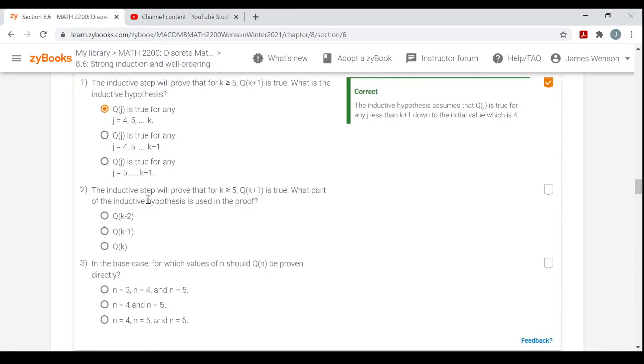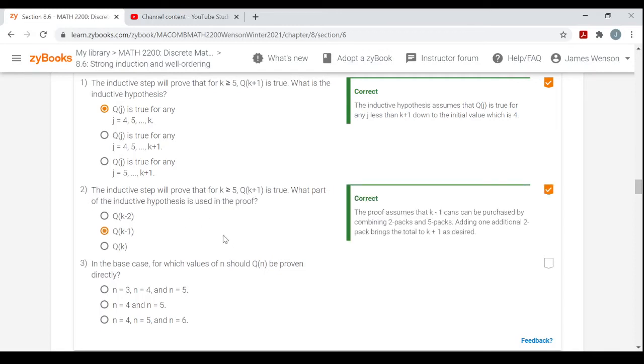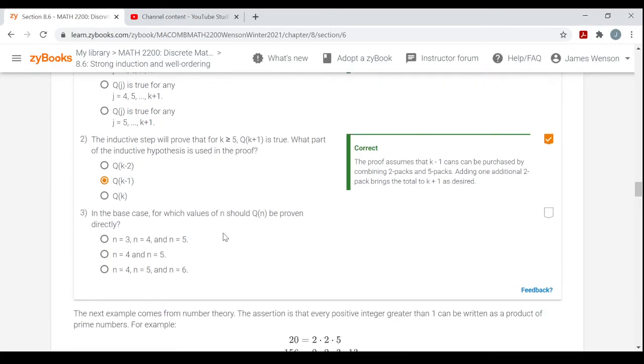What part of the inductive hypothesis is used in the proof? Again, just take a 2-pack away, that q of k minus 1 is true. And then you just add a 2-pack. And then in the base case, for which values of n should q of n be proven? I mentioned 4 and 5. All right.